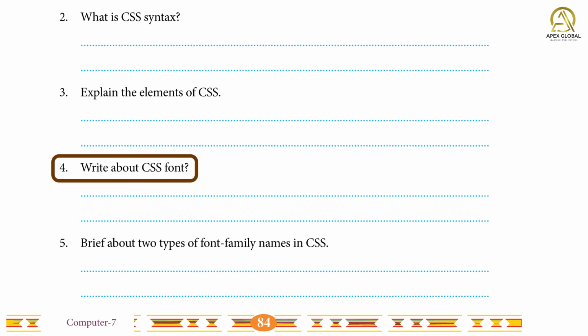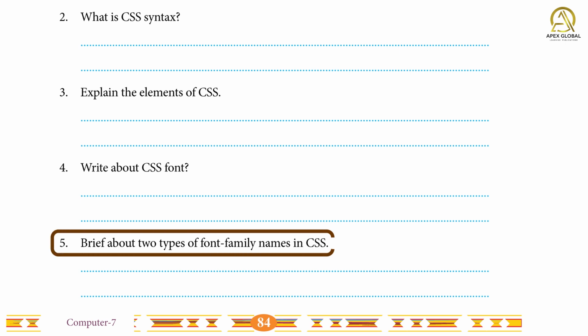4. Write about CSS font. Answer. In CSS, changing the font style can be done in one of 3 different ways. 1. By only entering a color's name as a value. 2. You can utilize predetermined hexadecimal color values. 3. Use the RGB color code. 5. Brief about 2 types of font family names in CSS.